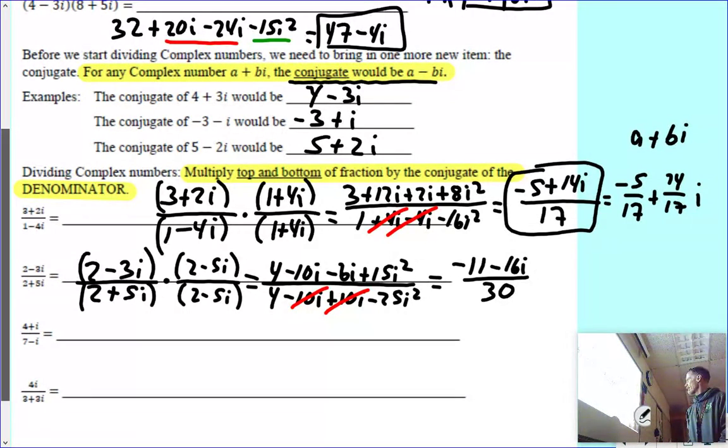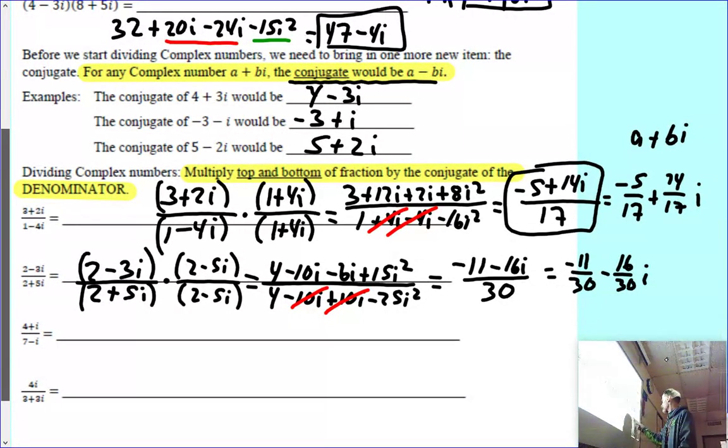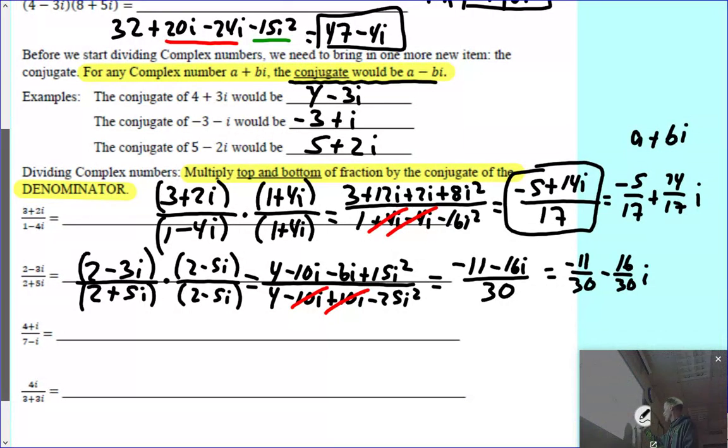So that's going to be a negative 11 minus 16i over 30. And again, we can write that as negative 11 over 30 minus 16 over 30i. And even that last piece could be simplified.